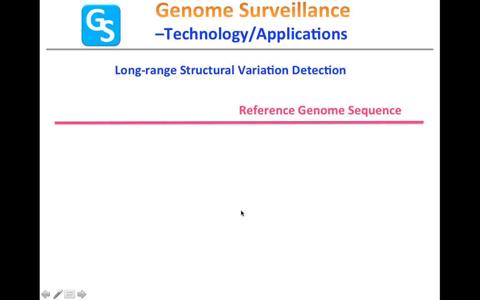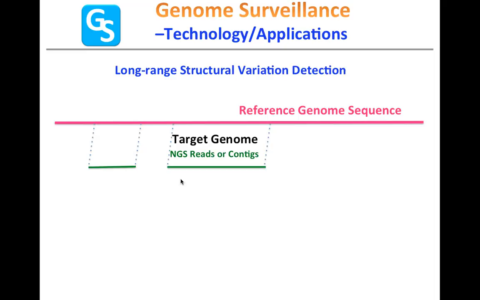Besides the use for de novo genome sequence finishing and haplotype phasing, scaffold sequencing can also be used for the detection of long-range structural genomic variation. By next-generation sequencing, you can detect relatively small genomic variants.